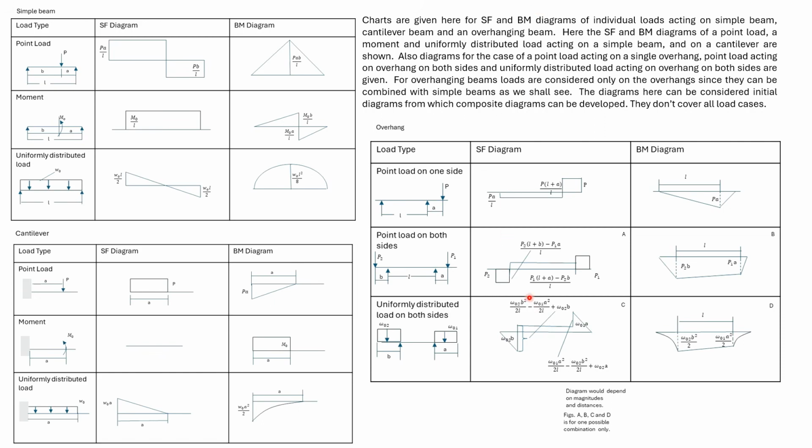The actual diagram will depend upon the magnitude of the load and the distance. In the bending moment diagram, on both the left and the right overhang, the variation is quadratic, and the moments at the supports are joined by a straight line.